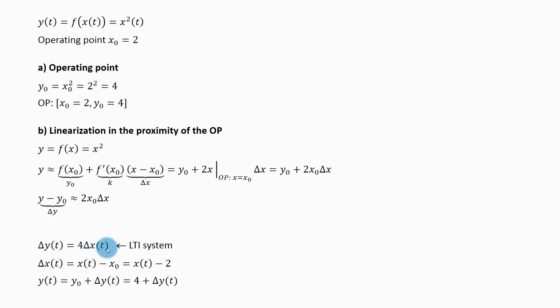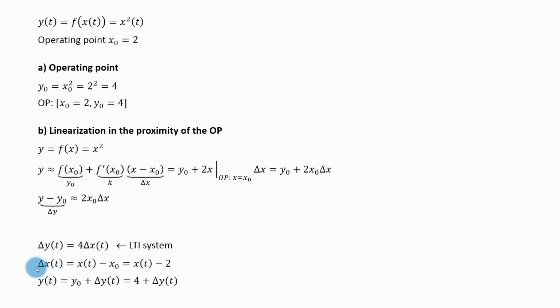And this equation is approximate but a linear relationship between some small change at the input and some small change at the output. In fact, this equation corresponds to a description of a linear time invariant system. So if I'm given the input to this system, I can take it, subtract the value of the operating point at the input.